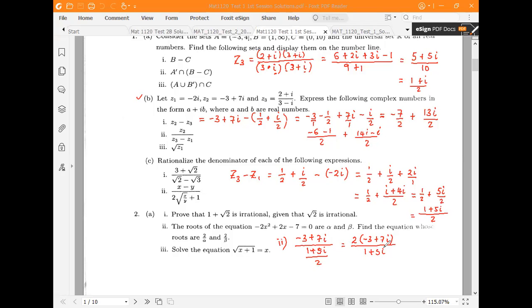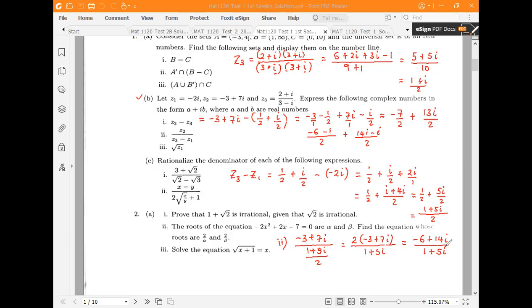Okay, so you expand now here, so it will be minus 6 plus 14i over 1 plus 5i. So we still have a job of rationalizing that number.